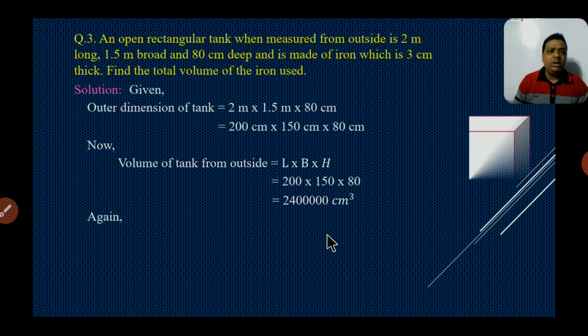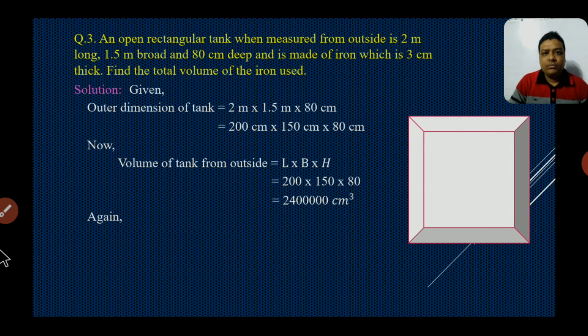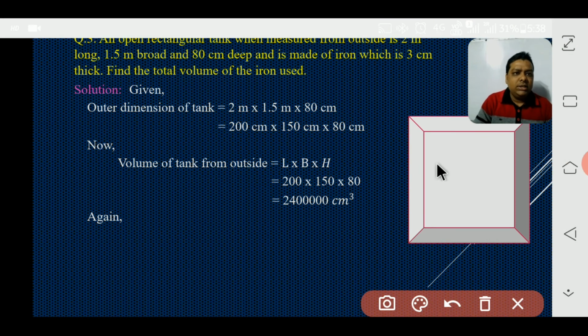Now again you can see this figure at first. If it is the cuboid, here this is the outer dimension, that is 200, then 150, and 80. But you can see that it is 3 centimeter thick.